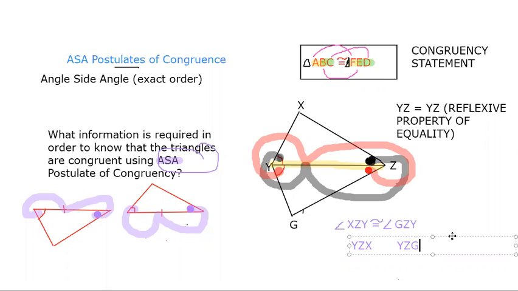It's the same angle no matter what. Angle XZY and angle YZX are the same exact angle, it's the black angle. The other one, angle GZY or angle YZG, that's the red angle.